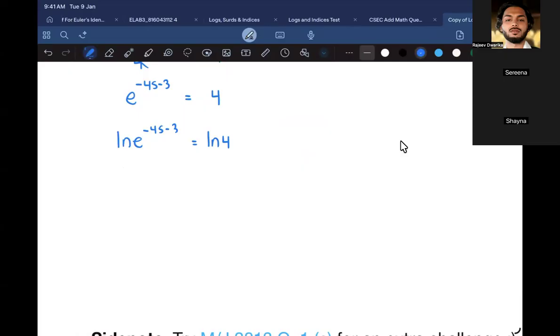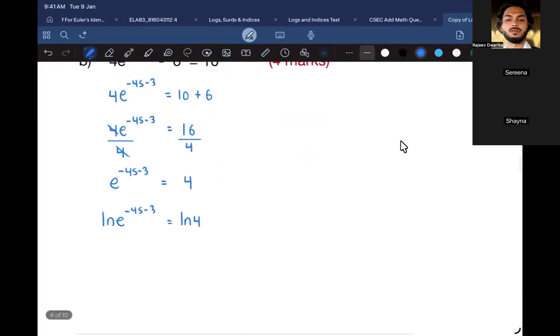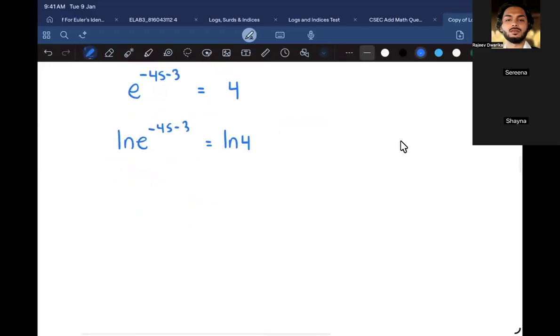Right? Stay with me so far. Yes, sir. Right, so we're going to take the power now and bring it to the front. So what am I going to write in my next line? Minus 4s minus 3 ln e.